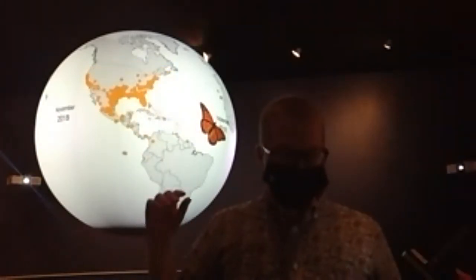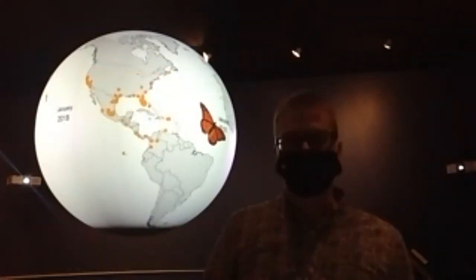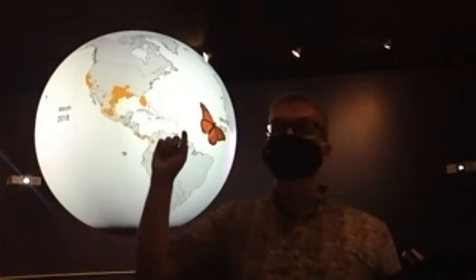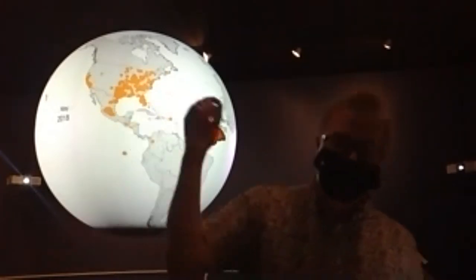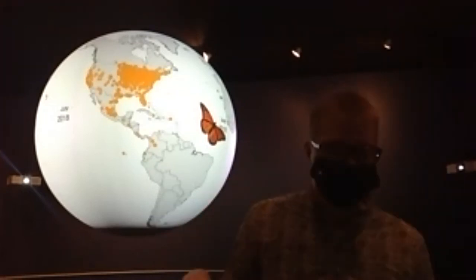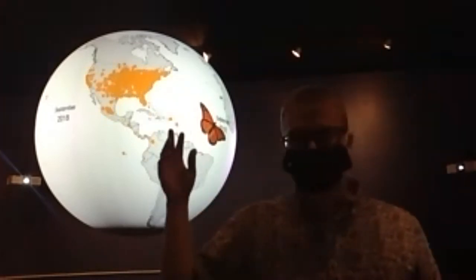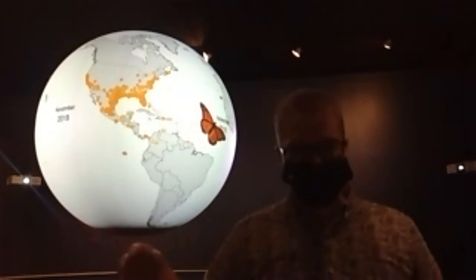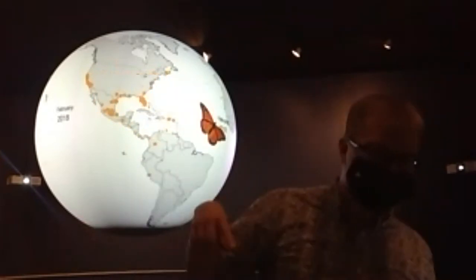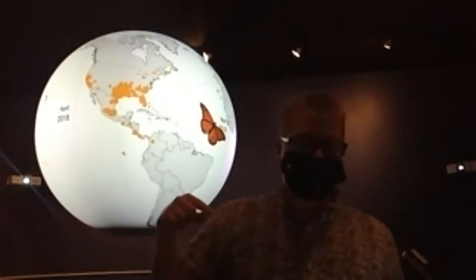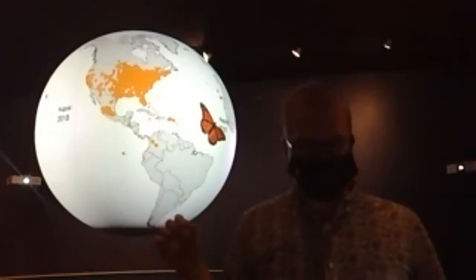They'll lay eggs, those eggs will hatch into caterpillars, those caterpillars will turn into butterflies, then those butterflies will fly a little bit further south, maybe to Kentucky, maybe to Texas. They'll lay eggs, those eggs turn into caterpillars, those caterpillars turn into butterflies. Those butterflies fly further south until eventually they get all the way down to Mexico. It's usually 2 or 3 generations until the butterflies are able to reach Mexico.